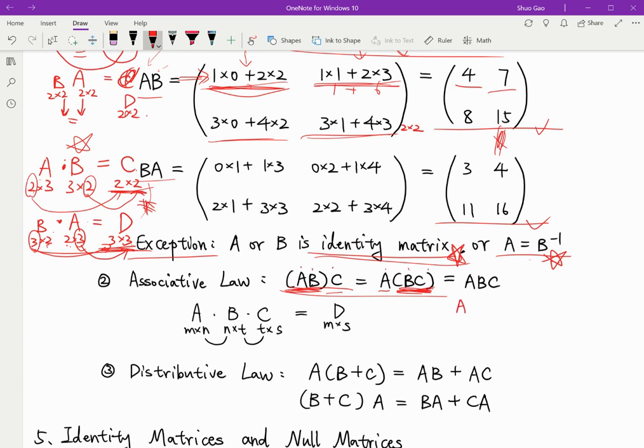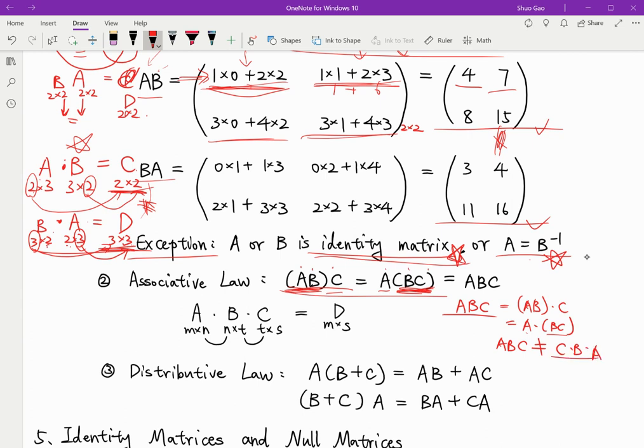So if A times B times C, this is called the general order, and you don't change that. So A times B times C equals A times B first and then times C, or we first calculate B times C and then times A. But A times B times C is not equal to C times B times A, right?